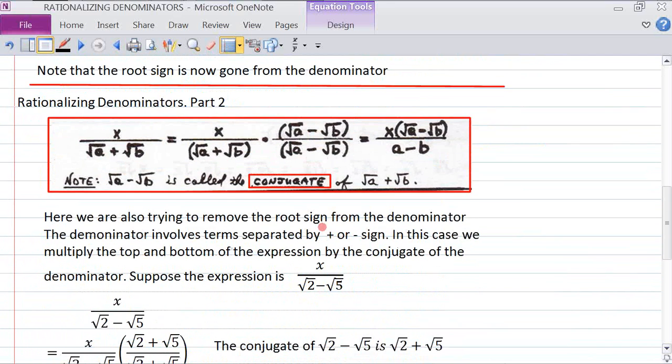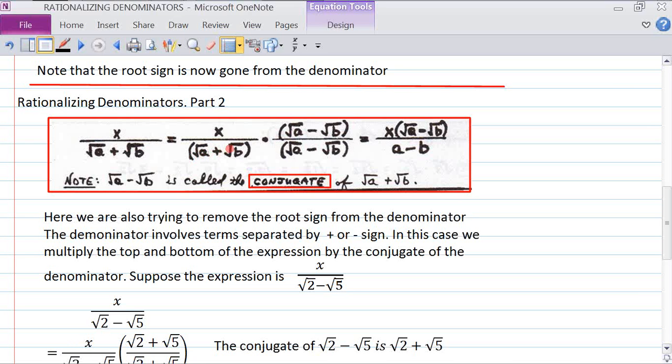So that's part 1. But part 2 is different because you'll see that on the denominator we have two terms, and they're separated either by a positive or a negative sign. In part 1, we only had one term. Here we've got two terms and they are added together. So what we have to do is multiply the top and bottom by the conjugate. Here's the conjugate.